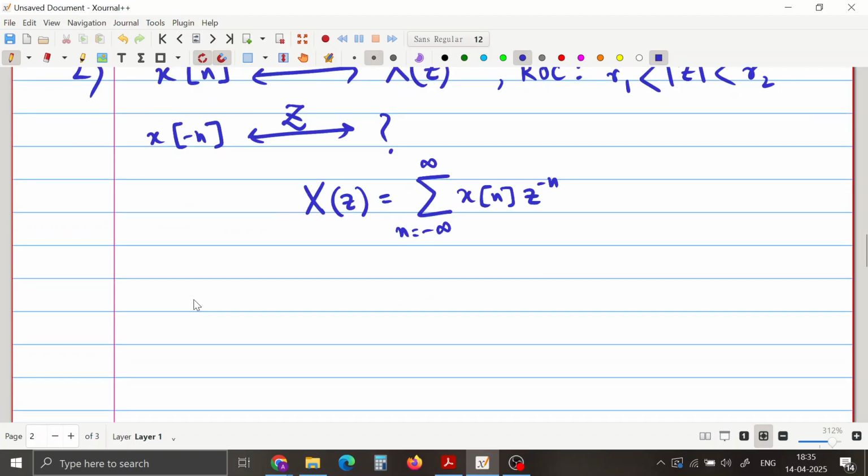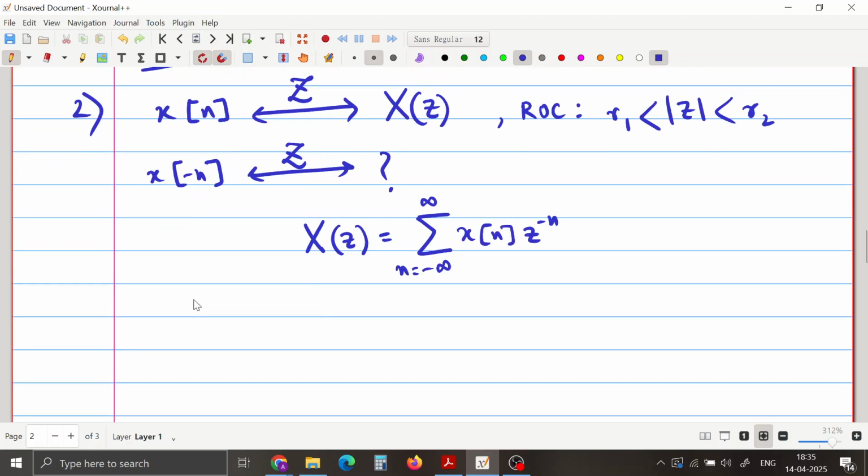Now let us find the z transform of our modified signal, which is x of minus n. The z transform of x of minus n is given by the summation, n running from minus infinity to plus infinity, where my signal is now x of minus n.